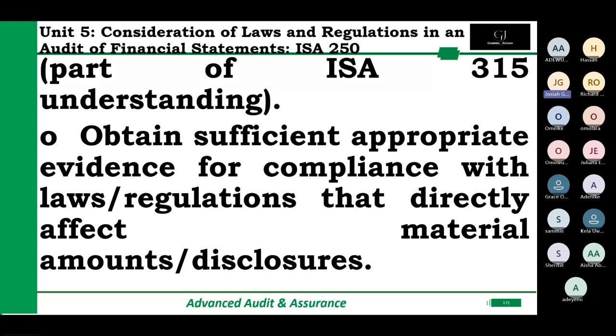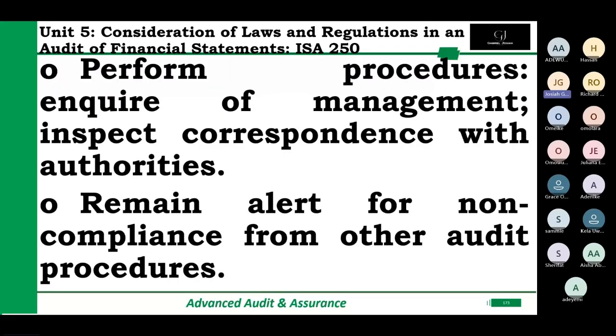So, after understanding, and once the engagement has commenced, the auditors must obtain sufficient appropriate evidence for compliance with these laws that directly affect material amounts and disclosures in the financial statements. This is very important.